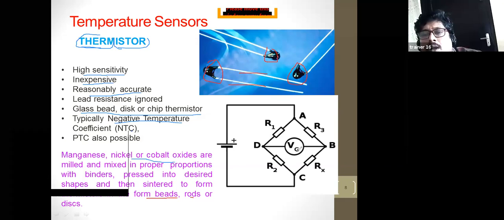Here, it is connected to the thermistor. This is the thermistor RX, R1, R2, R3, R4. This RX is connected to one of the resistors of the Wheatstone bridge. Thereby, the resistance changes when this thermistor is exposed to the heat source whose temperature has to be measured, and we can get the voltage. This voltage in turn gives the temperature.